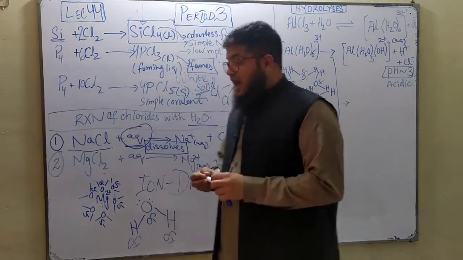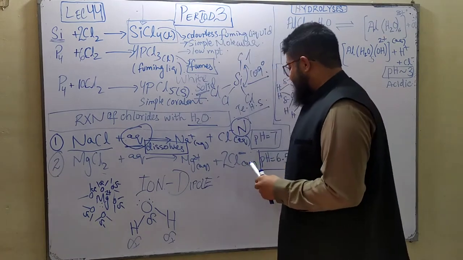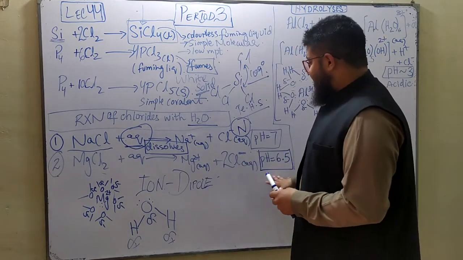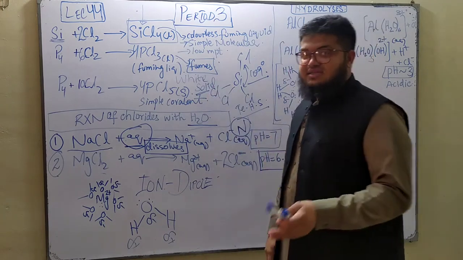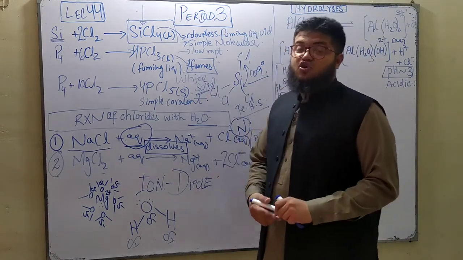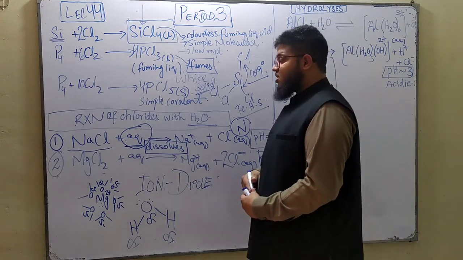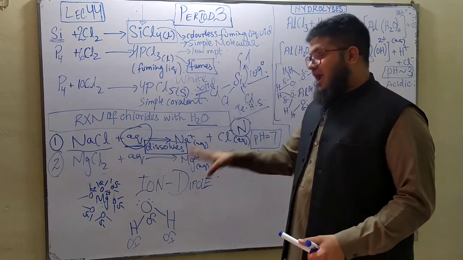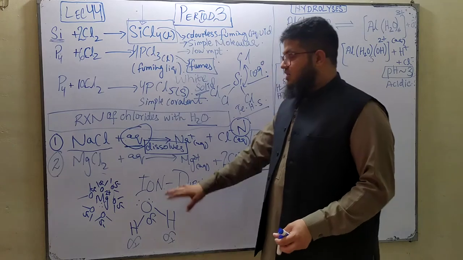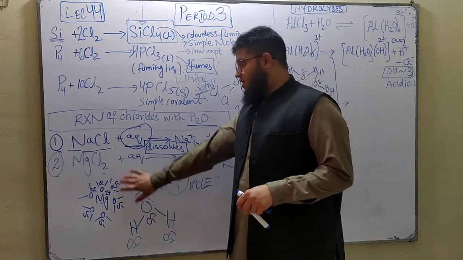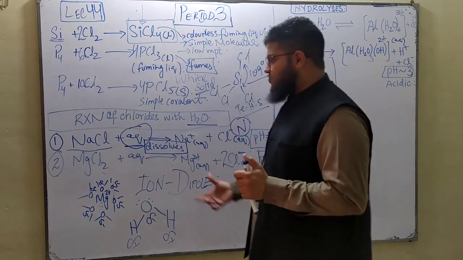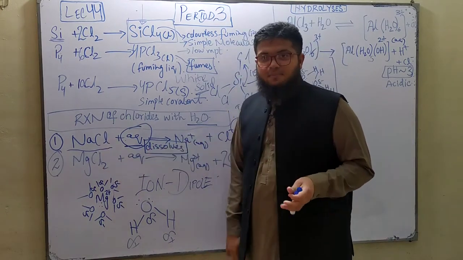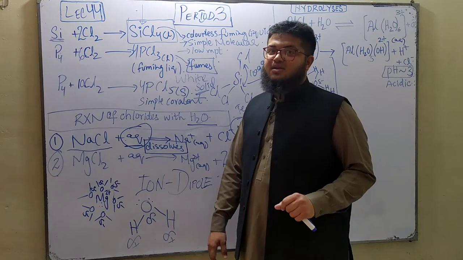Now, what's the reason for this slightly acidic pH? Well, anything that decreases the pH is an acid. An acid produces protons or H positive ions in aqueous solution, and it's these H positive ions which cause the pH to fall. Remember, I told you in the previous lecture that magnesium chloride is an ionic compound with some covalent character.